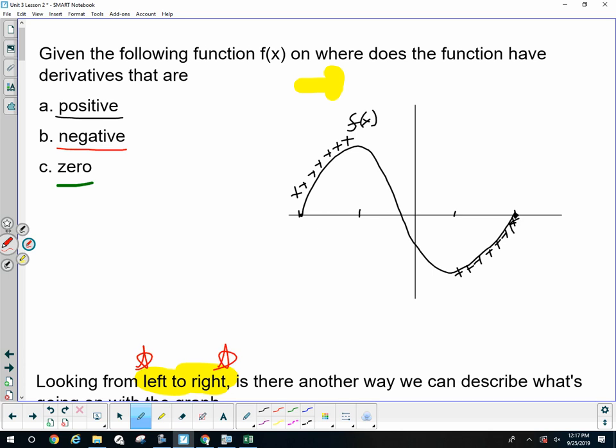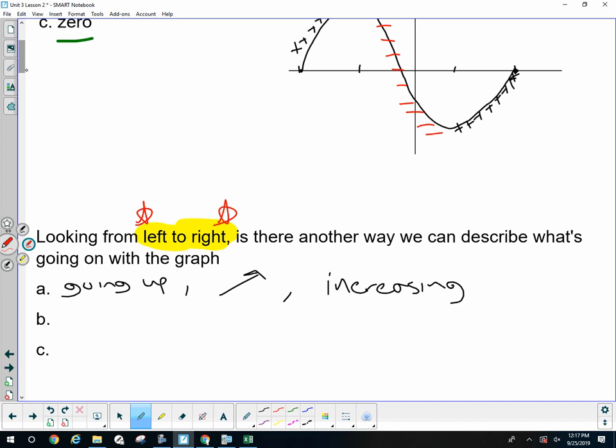My tangent slopes are negative here. All of these tangent slopes are negative. I'm just going to do that symbol. We can see my function is going down from left to right.